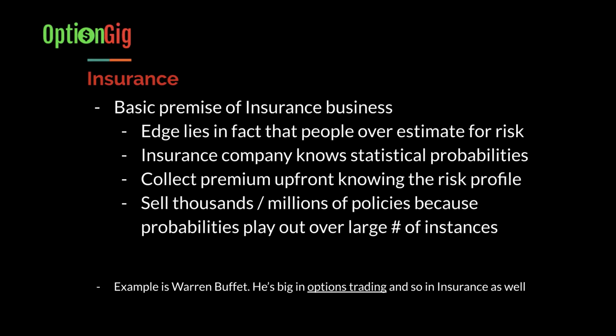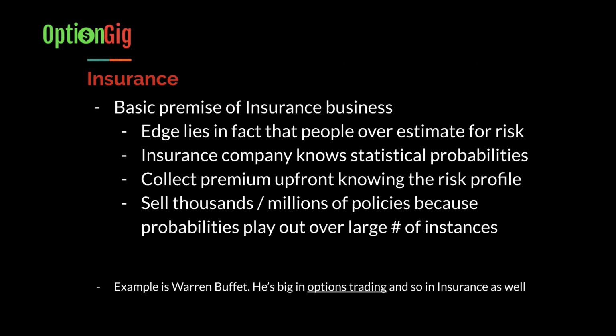They know the statistical probability of a risk occurring. They also know that people are willing to overpay for the risk because the risk is generally overstated. And they know that for those risk numbers to work out, they need to sell millions of policies.